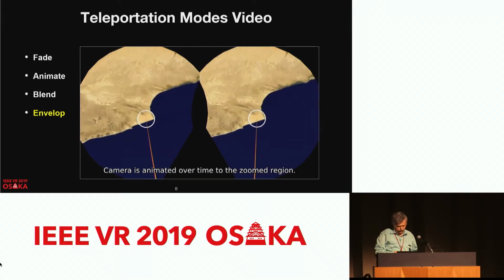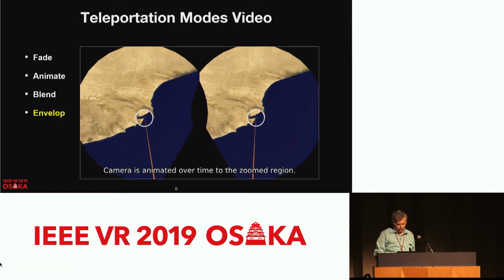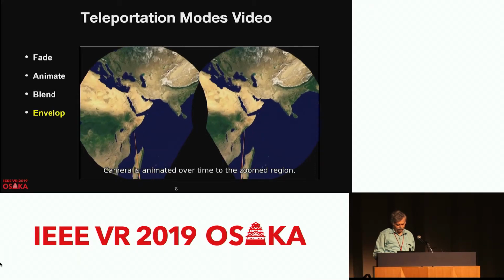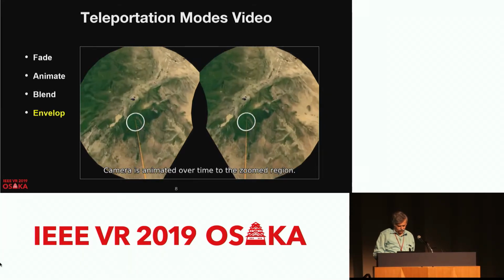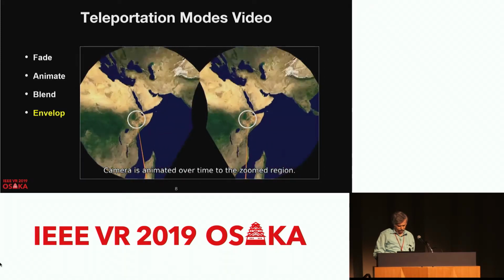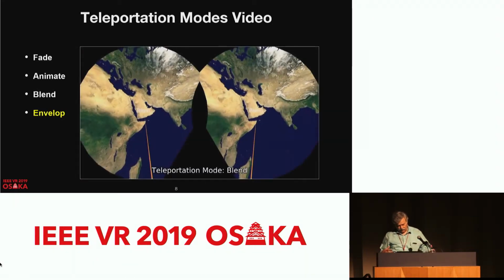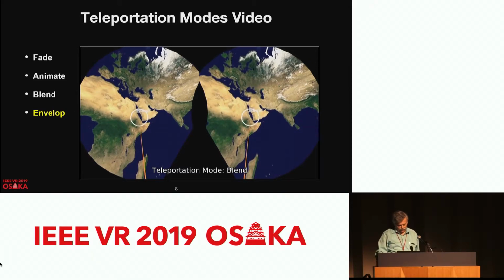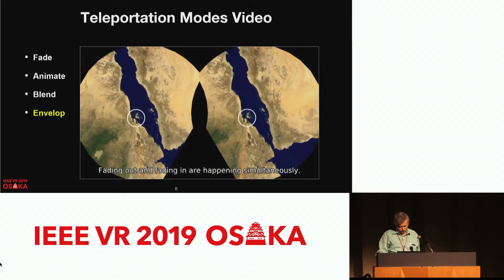Animate, you basically animate between the current and the destination mode. And in the blend, you mix the current view and the destination view.